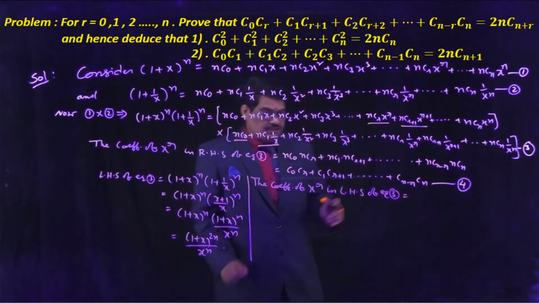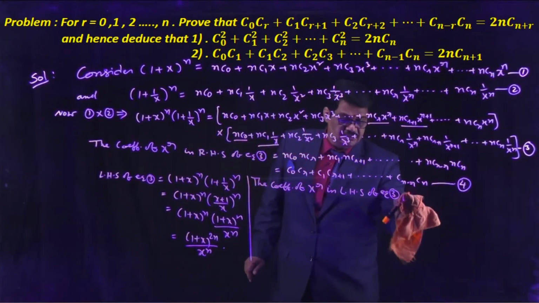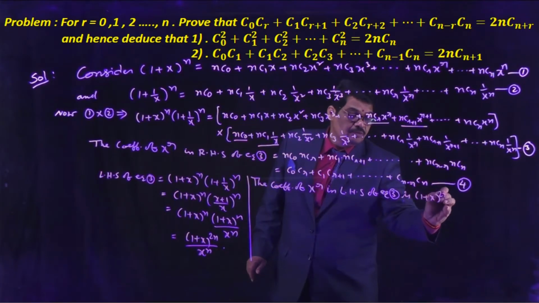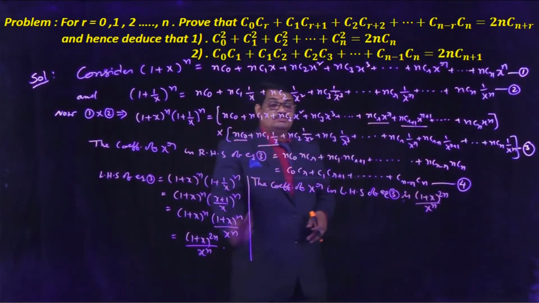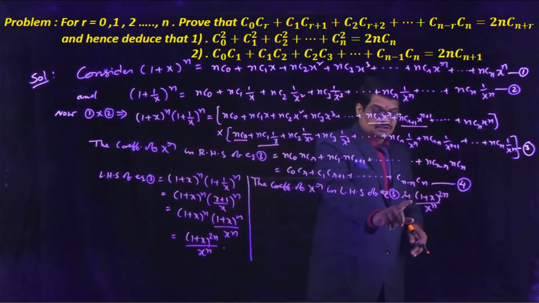It is (1 plus x) whole power 2n by x to the power of n. So now we are collecting the coefficient of x to the power of r in the LHS of 3, that is (1 plus x) whole power 2n by x power n.